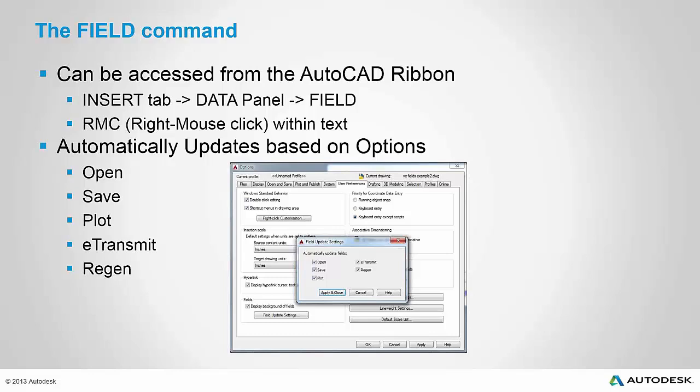All these fields automatically update based on settings within the options dialog. And by default, whenever you open a drawing, save a drawing, plot a drawing, use eTransmit, or regenerate the drawing in any way, those fields will update.